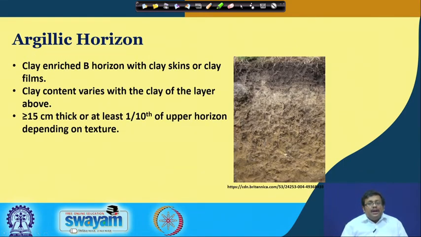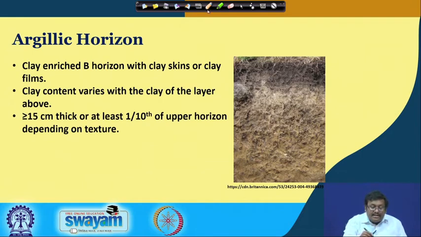The next one is called argillic horizon, and this is a very important one. Argillic horizon is basically found in B horizon. Remember that it is clay enriched, a B horizon with clay skins or clay films, and clay content varies with the clay of the layer above, and obviously it is greater than 15 centimeter thick and at least 1/10th of upper horizon depending on the texture.